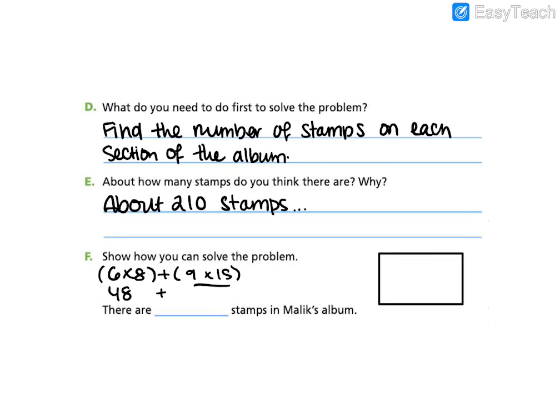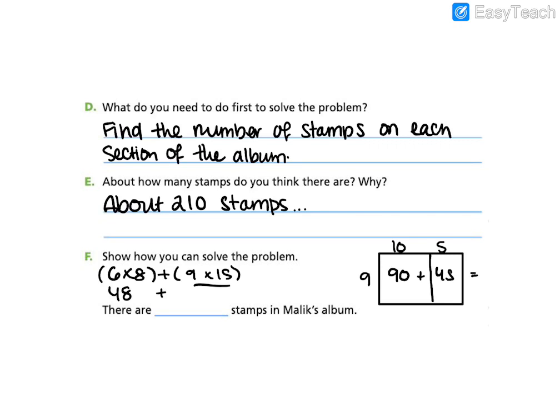I'm going to go ahead and draw myself a quick area model to solve. You might solve this using a different strategy. Whatever way you are most comfortable with multiplying, you can use to find 9 times 15. For me, that's using an area model. 9 times 10 is 90. 9 times 5 is 45. When I add these two together, I know it's 10 more to get to 100.